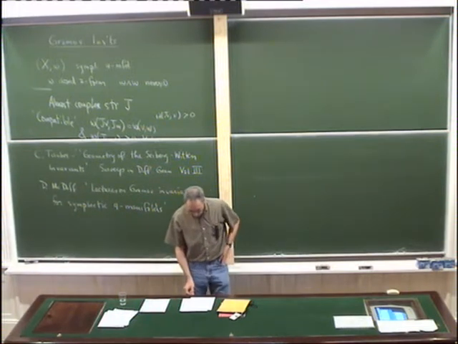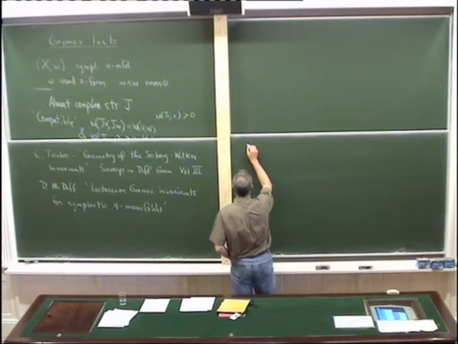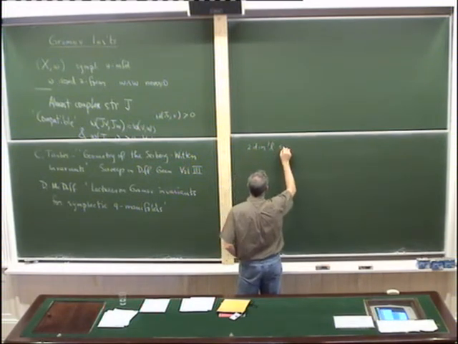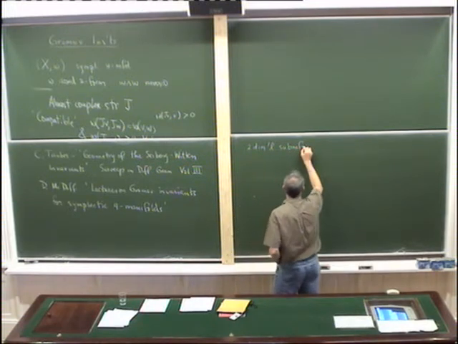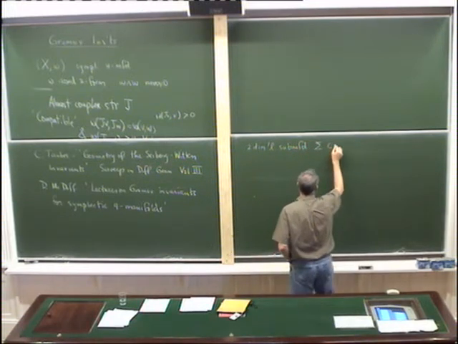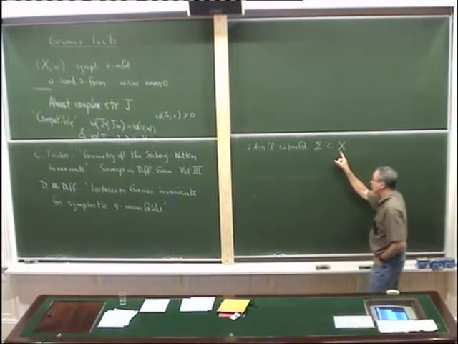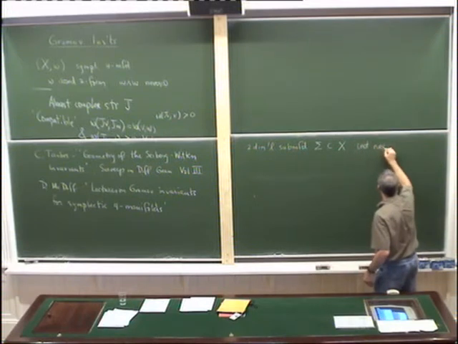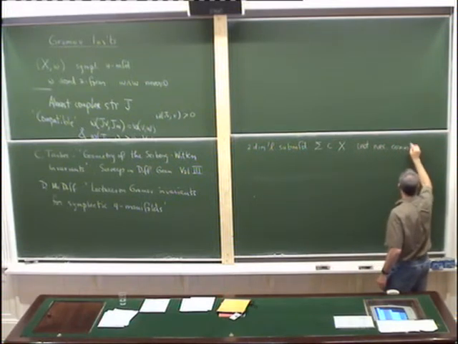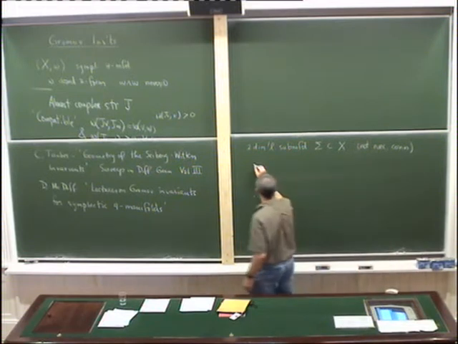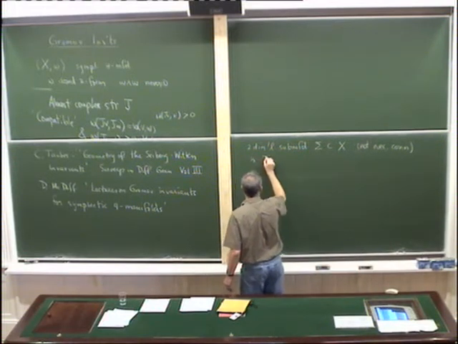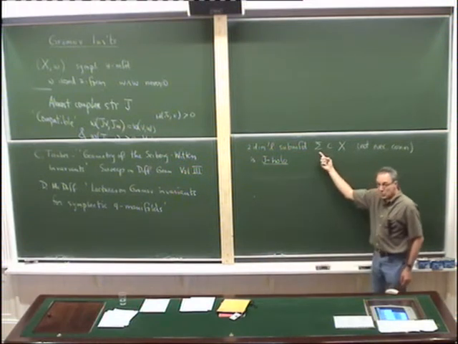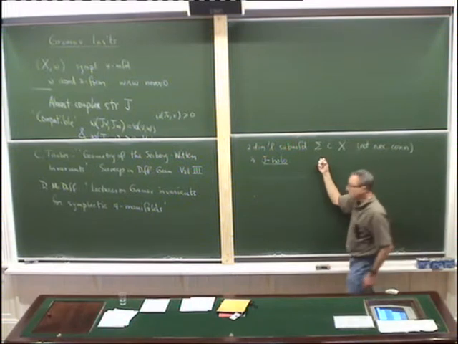Okay, so a two-dimensional submanifold sigma, now always embedded in X, but not necessarily connected, is J-holomorphic provided J preserves its tangent space.